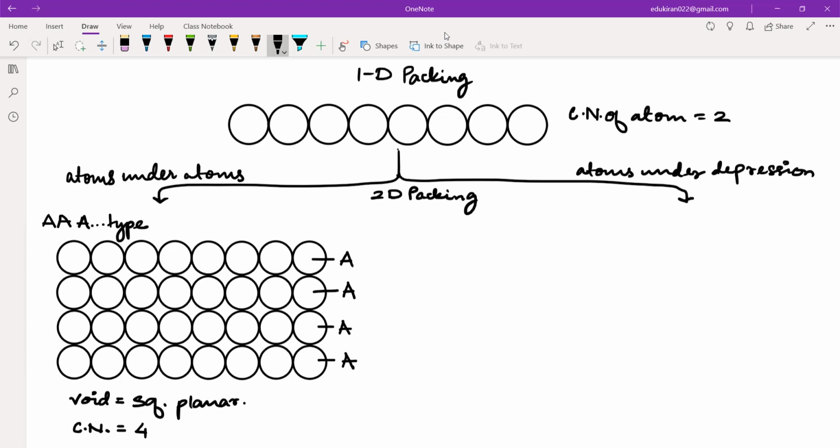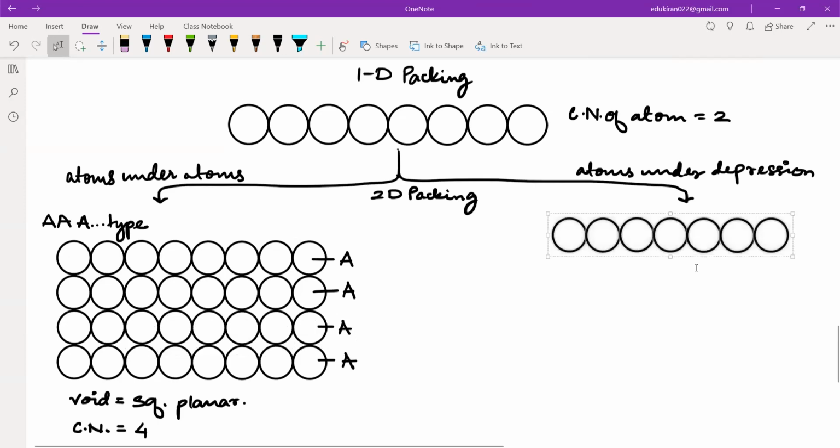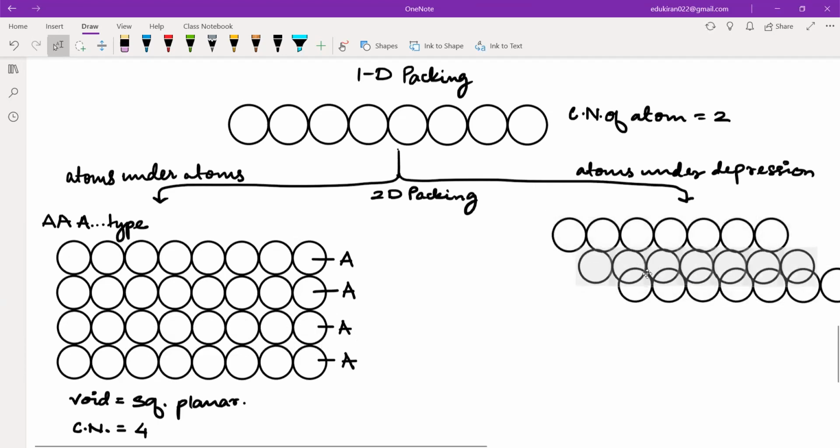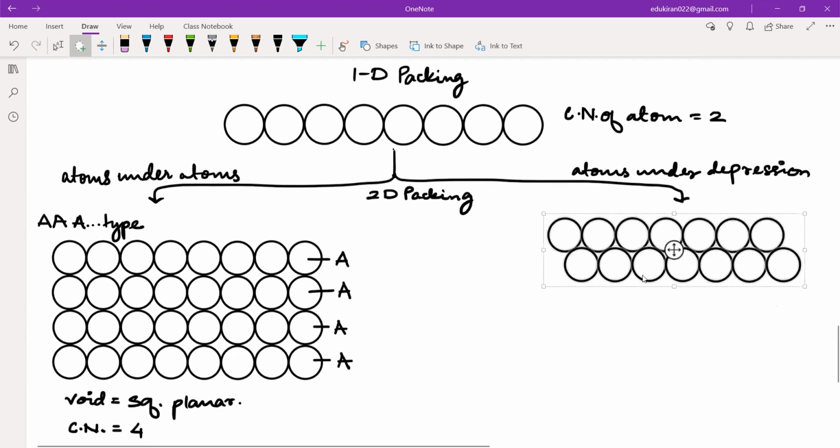Now, let us look at the next case, which is atoms under depression. Let me take the atoms, get a set of atoms below it. I need to have some space.